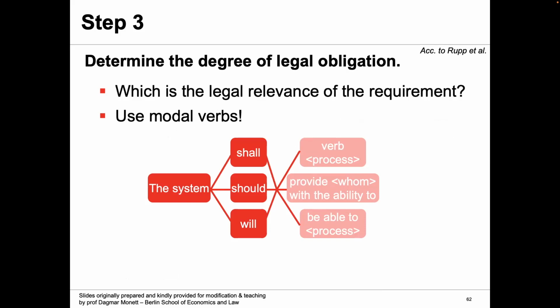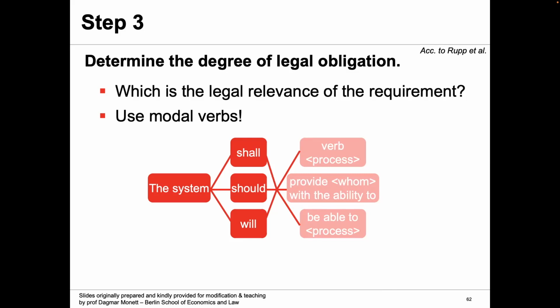Now, another important, interesting aspect of writing requirements is how the use of words is going to put you in a legal obligation to fulfill that requirement. So last week, we had a paper presentation on open source software, right?